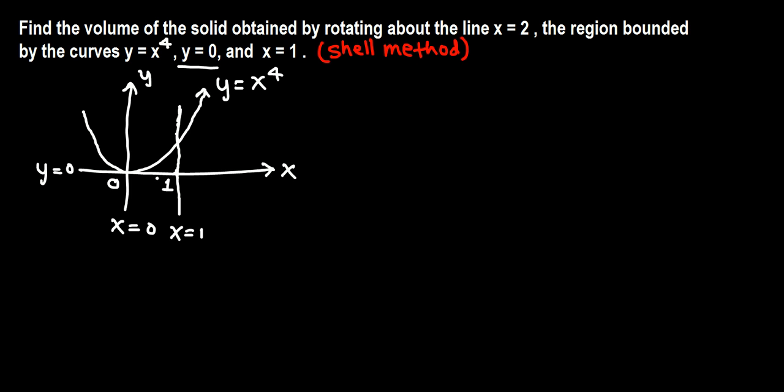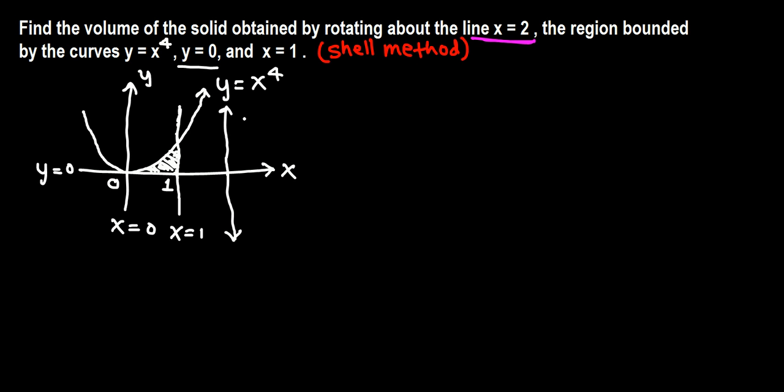Now the region bounded by these three curves is this shaded region, which extends from 0 to 1, and we want to rotate this about the line x equals 2. So let's draw x equals 2. Here is x equals 1, and x equals 2 is here.